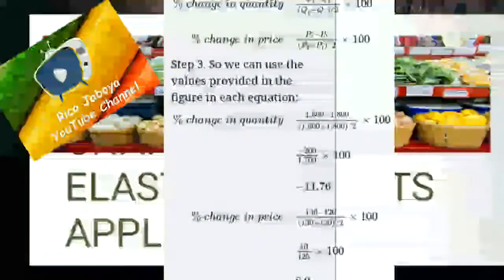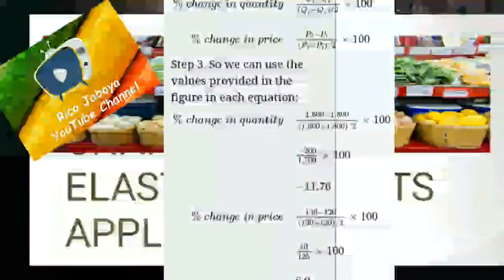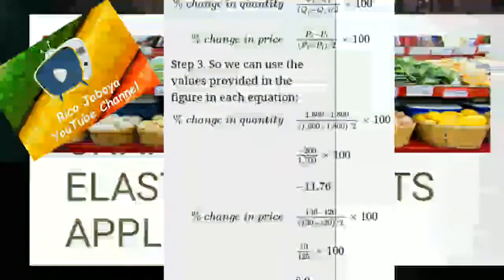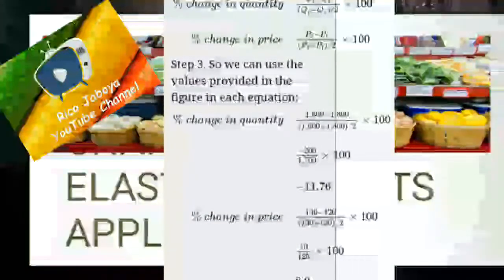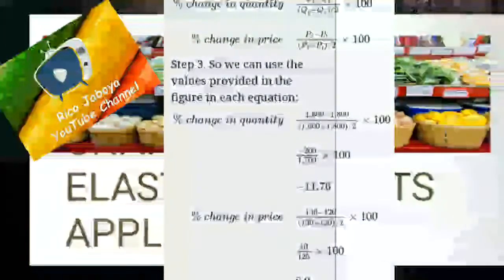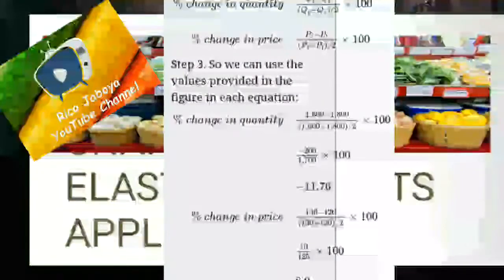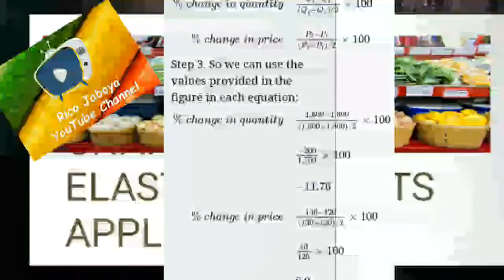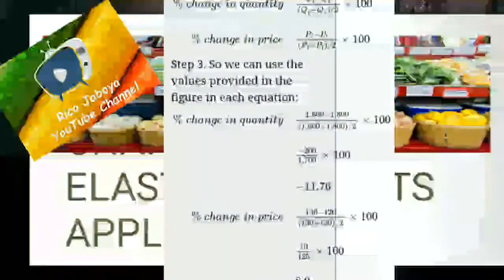All right, and then 1,600 plus 1,800 equals, then divided by 2, then multiplied by 100. All right, okay, so the answer will be, if we add 1,600 plus 1,800 divided by 2, it equals 1,700.